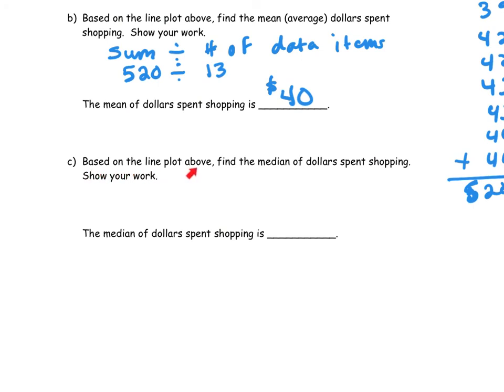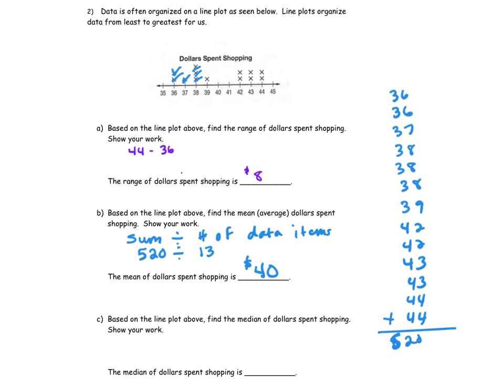It says, based on the line plot above, find the median of the dollars spent shopping and show your work. So let me show the line plot again. I'm going to go ahead and erase what I've written here. As I look at this, it looks like that's laid out pretty well, and I'm noticing that they're kind of in groups. So maybe if we group the data, we already said that there's 13 items from finding the mean.